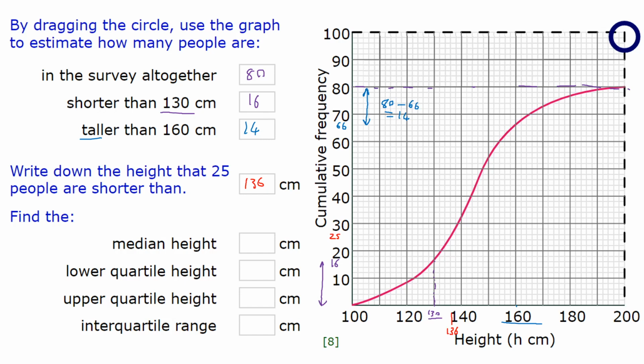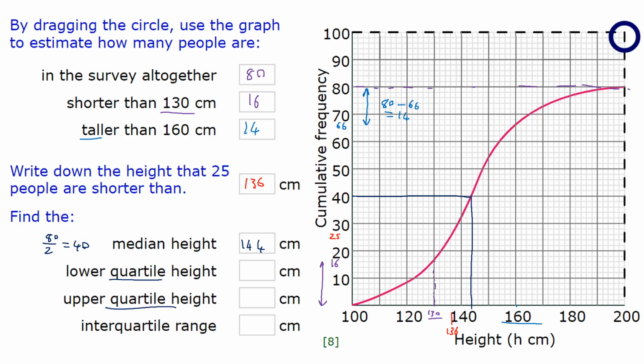The middle number is just going to be 80 divided by 2, which is 40. So let's go to cumulative frequency 40. We can see that the median height is 144 centimeters.